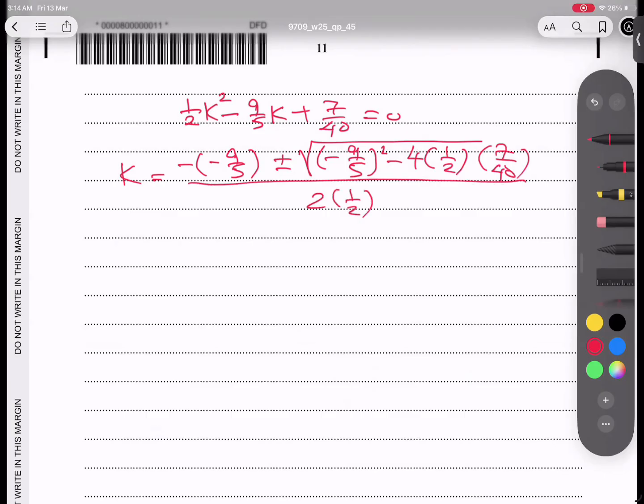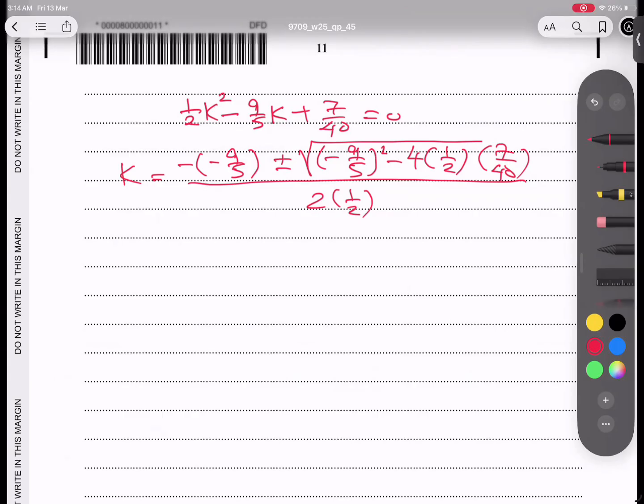It is an equation of degree 2. What is the first value? 1 over 2. Second value, negative 9 over 5. Third value, 7 over 40.